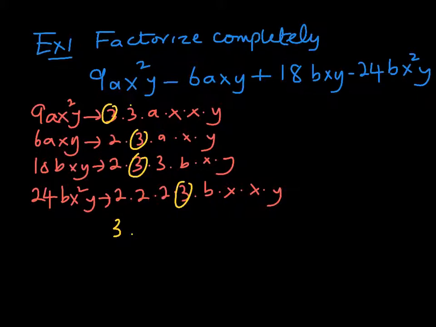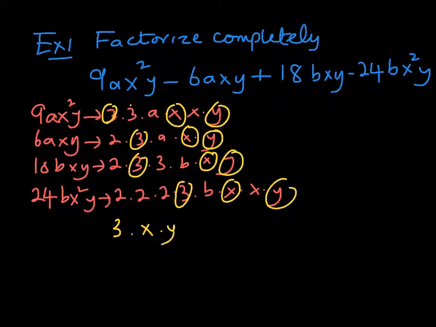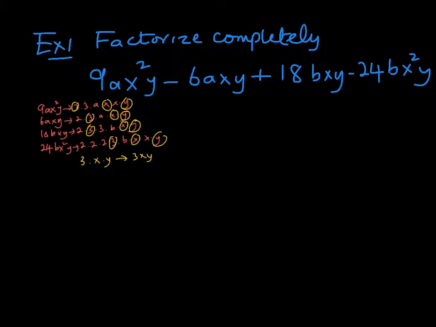Is a common to all of them? No. What about x? There's x there, there's x there, there's x there, and there's x there. So times x. Then is y common to all? Yes, there's y there, there's y there, there's y there, and there's y there. So times y. So our common factor is going to be what? 3xy.